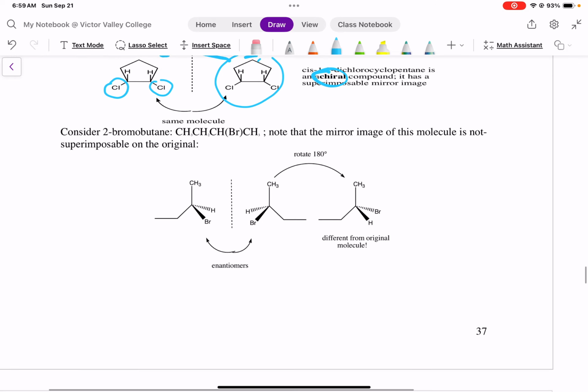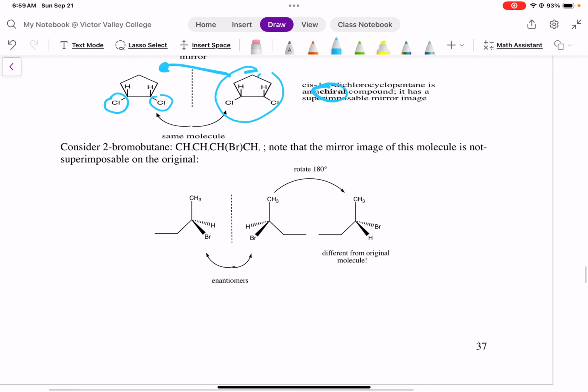And here's another example. You have a carbon bonded to a methyl, ethyl, bromo, and a hydrogen. You do the mirror image, and it doesn't matter how you try to rotate, it's not going to be the same.